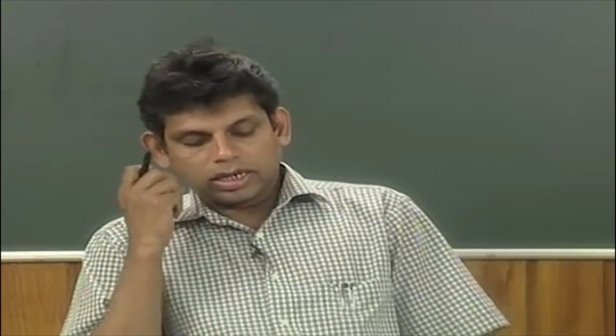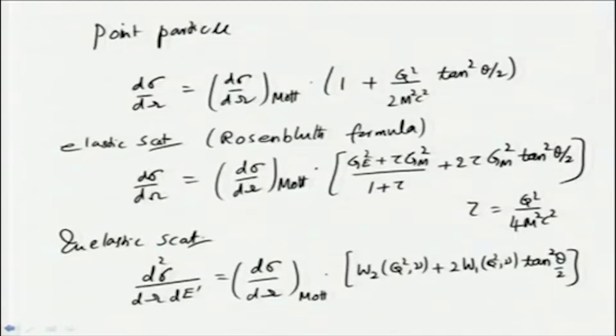Now, let us take the inelastic scattering case as a general expression. Supposing this is the general case, the expression is written in terms of W₁ and W₂, then the W's in the elastic and inelastic cases can be considered in this fashion.